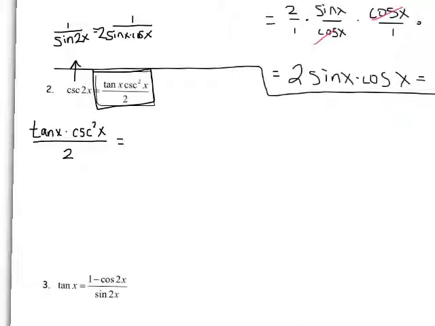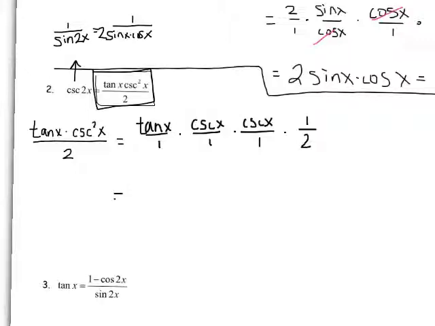You can't do that if it's not multiplication and division, but since this is, I'll say that's tangent over 1 times cosecant over 1 times cosecant over 1, and then 2 on bottom is 1 over 2.